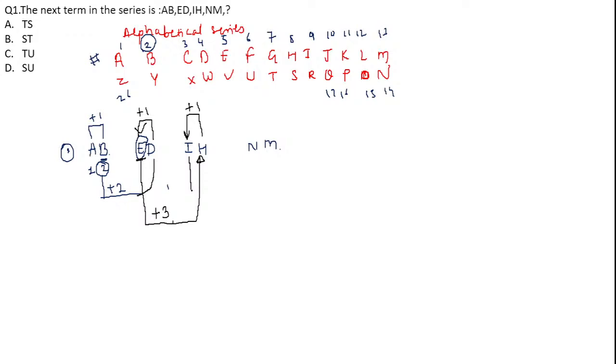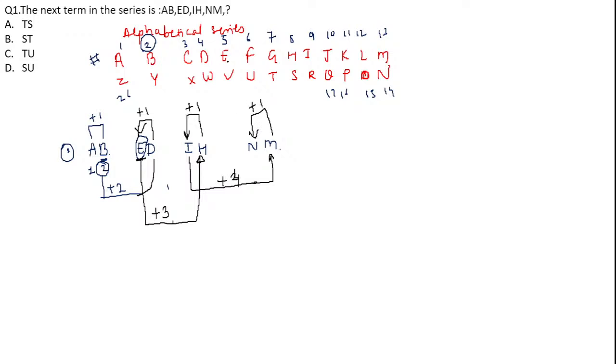Now again, like earlier where we saw B plus 2 gave D, similarly we will add to I. If we add I plus 4, so there is an increment, we can see plus 2 and then plus 4, so we get M. Then if we add plus 1 to M, similarly like we did earlier, we get N. Correct?